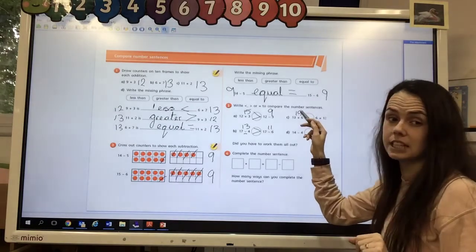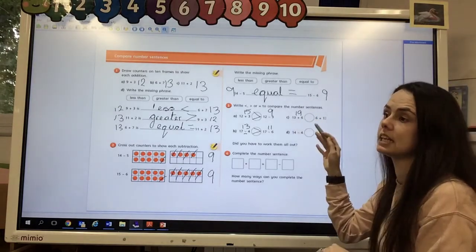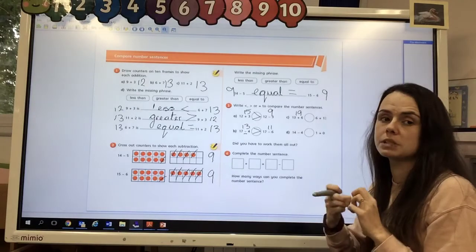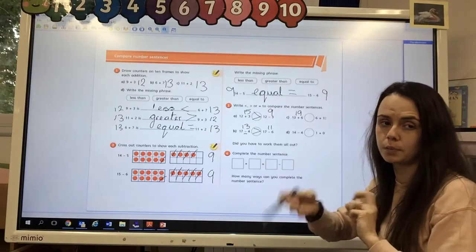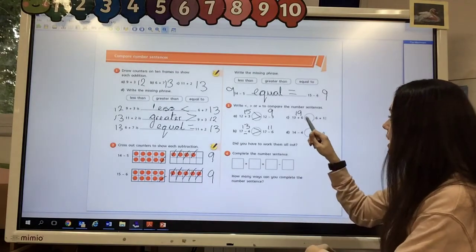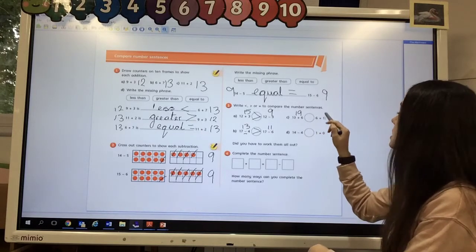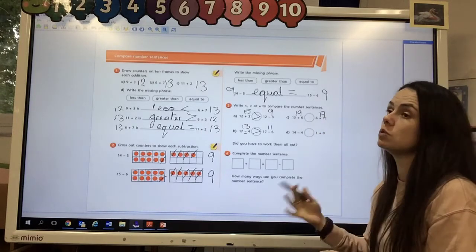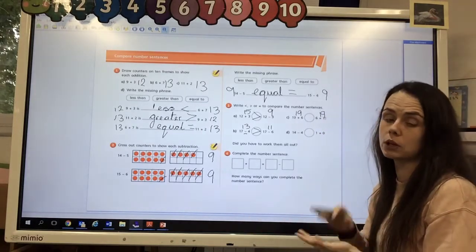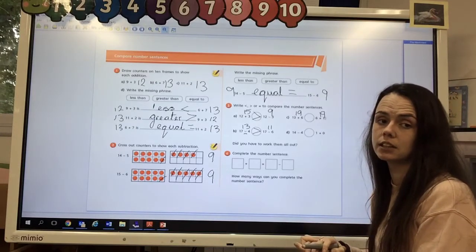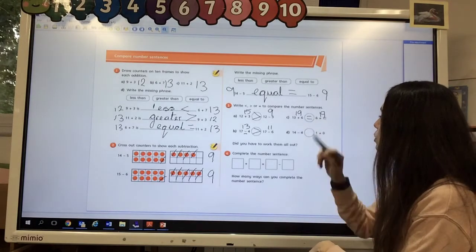It makes 19. We just did 13 add 6. And when you add 2 numbers together, no matter which way around you add them, they are the same. So 13 add 6 is the same as 6 add 13, so that's 19. So 19, is it bigger than, smaller than, or the same as 19? It's the same as, so it's our equal symbol.